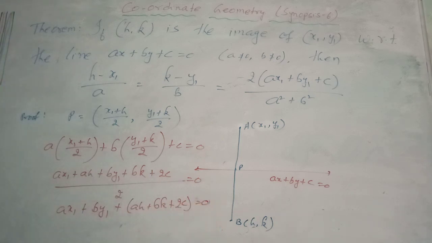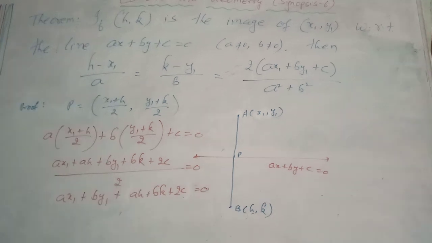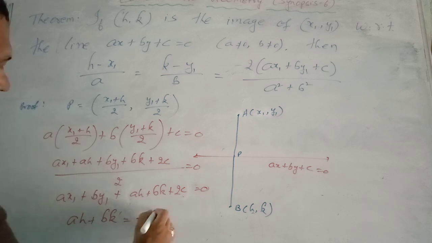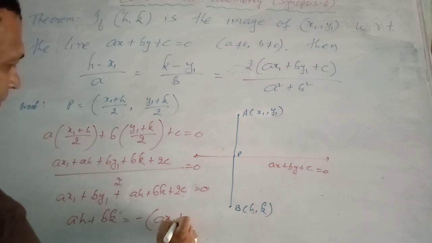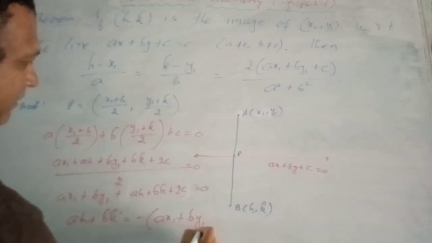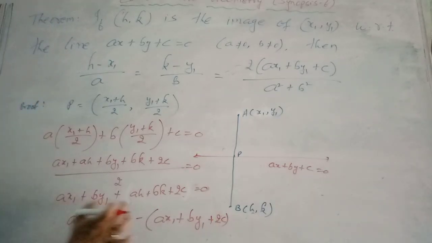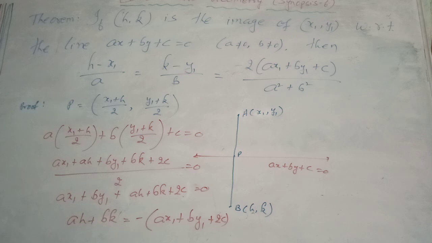This is the first equation I get. Now let's find ah plus bk. ah plus bk is minus of (ax1 plus by1 plus 2c), as I brought all of it to this side.